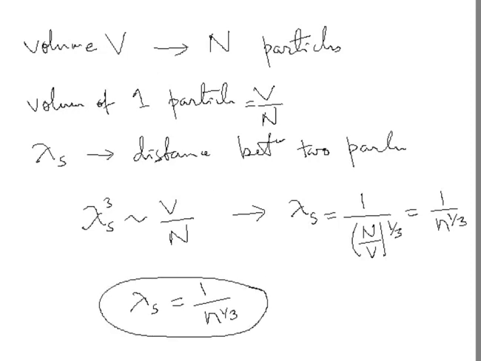Now, what about the de Broglie wavelength? We know that it is given by h by p.